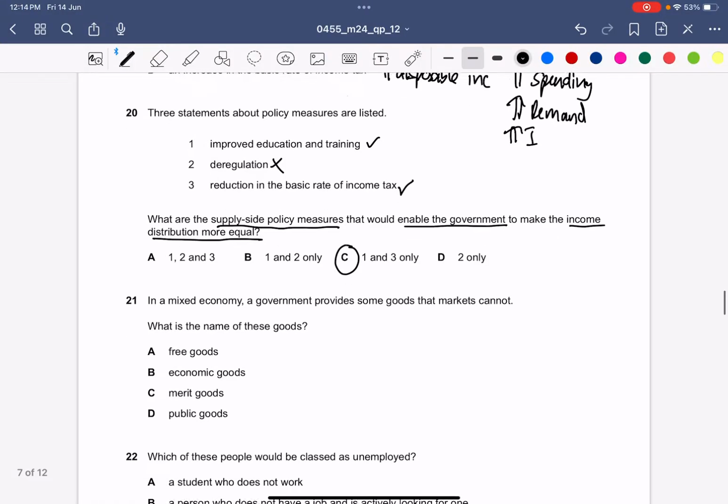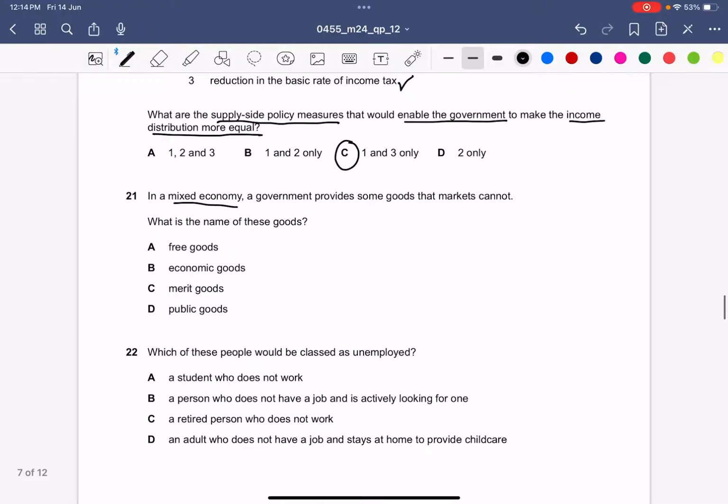Question 21. In a mixed economy, a government provides some goods that markets cannot. Name these goods. No, not free goods. Free goods are like the air, wind. They are unlimited, so you don't need to provide them.